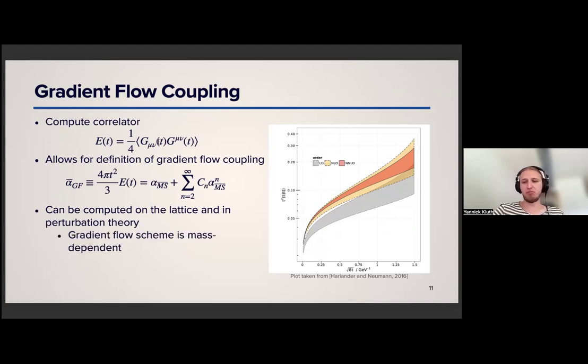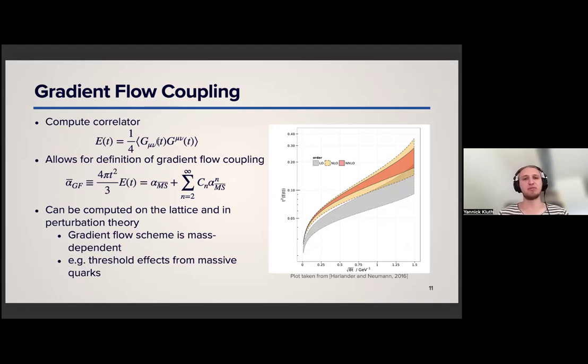But what we will mostly focus on here is that this resulting scheme is now a mass-dependent renormalization scheme. And this simply arises from the fact that this flow time has a mass dimension of -2. And of course, you could even see in QCD already, if you would do full QCD with quarks at finite masses, that these finite masses show up as threshold effects.